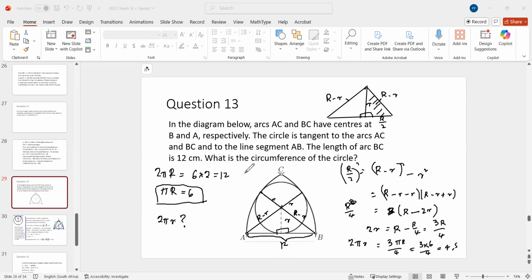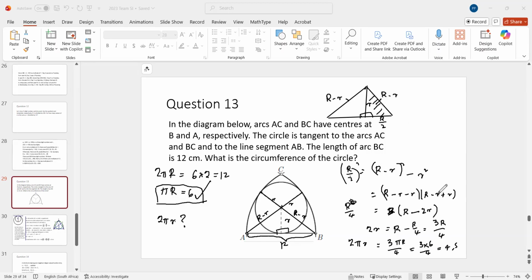All right, so what happened here is the circumference of the large circle is obviously this, but this is correct. Pi R is 6. Now I've also got that in this diagram here, this is R minus r, this is r, and this entire thing is obviously R again. So you have capital R over 2 in this, and therefore you can use Pythagoras to say that this thing here squared, which is R over 2 all squared, is hypotenuse squared minus this.